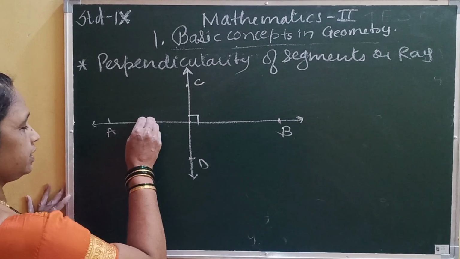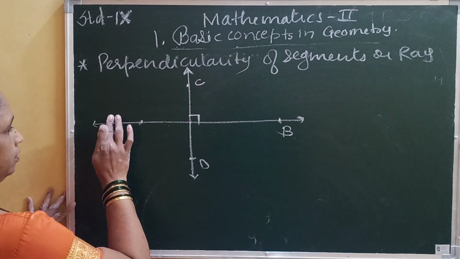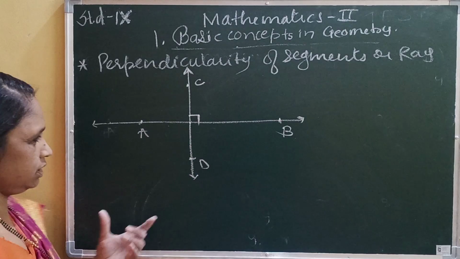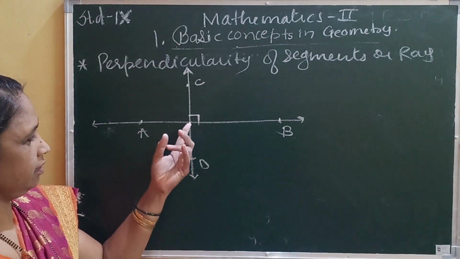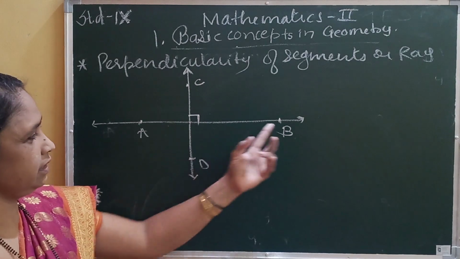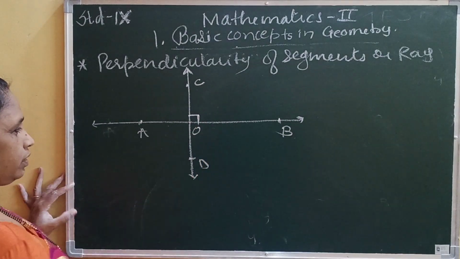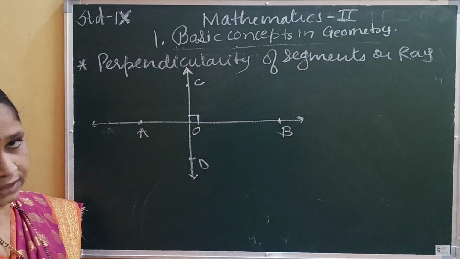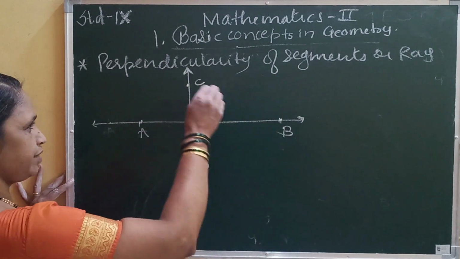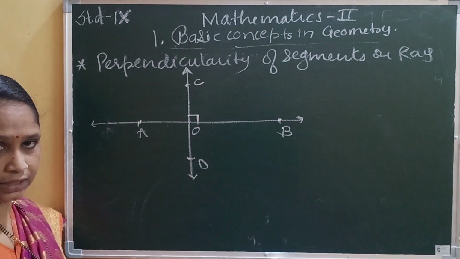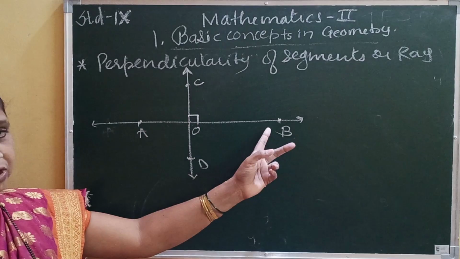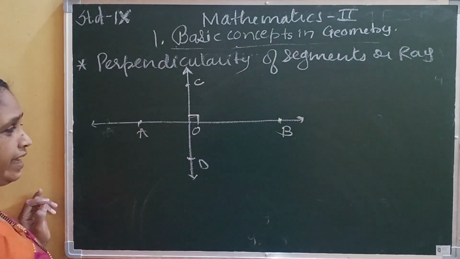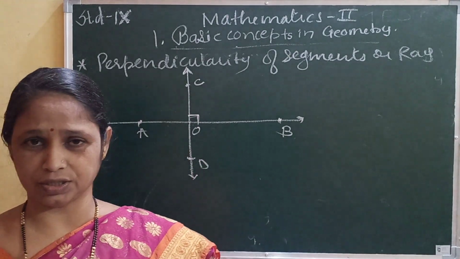See here, why are dots given? Let me write the labels so there is no confusion. Here we give this point O. OA is one ray, OB is the other ray, and OC and OD are the rays, but A and B are the segments, and C and D are the segments. If they intersect each other, either as rays or segments, at a right angle, we say that they are perpendicular to each other.